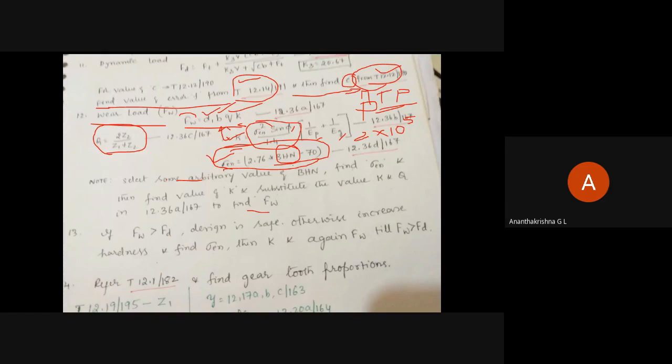Otherwise, if FW is less than FD, again enhance the value of BHN to the next higher value by 25 counts, or 50 counts depending upon the gap between FW and FD, and then again find out endurance strength, then find out the K value, then substitute that K value into FW, and see that FW is greater than FD for the design to be safe.